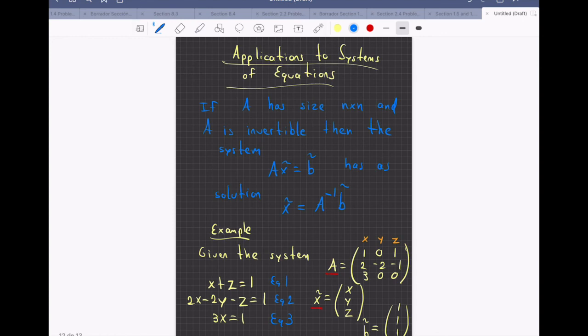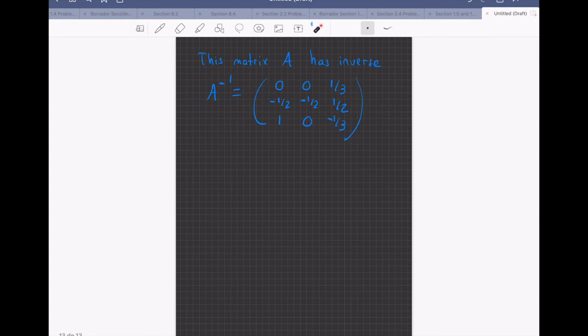So again, you first find the matrix A, the matrix X, and the matrix B. Then this system is going to have a solution if this matrix has an inverse, and it does in this case. So the inverse, I know, is this one. To find the solutions, use the next formula.